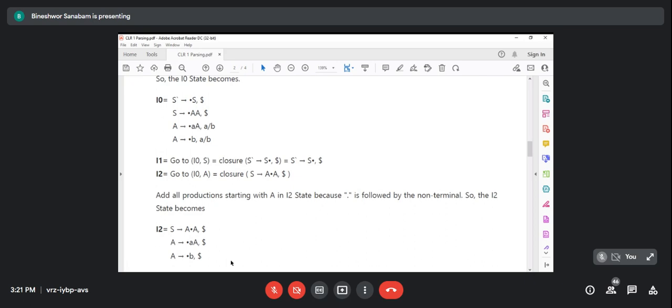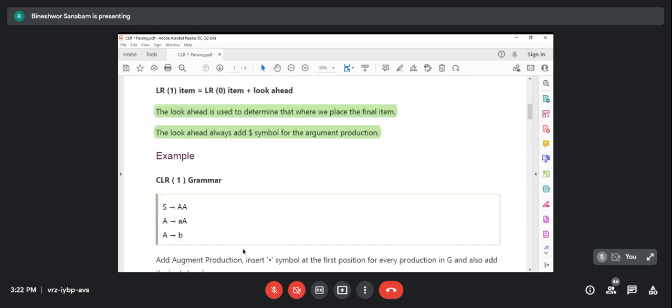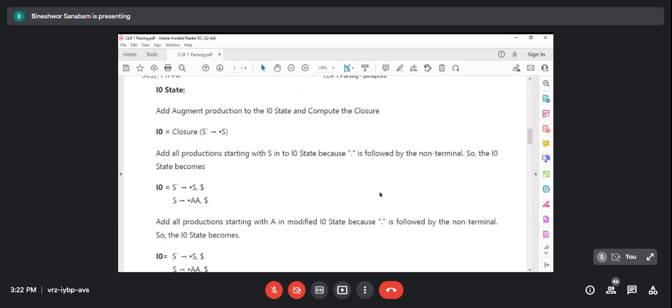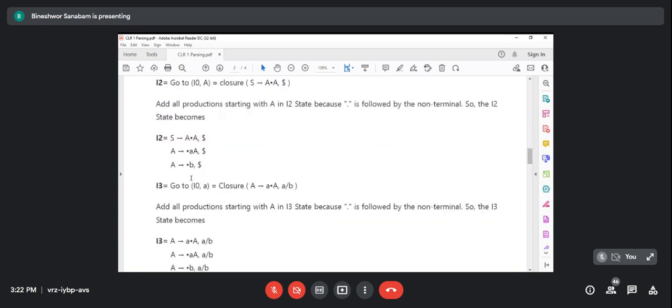So in closure our look ahead may change, but in transition our look ahead will not change. This is our state number two, I2.